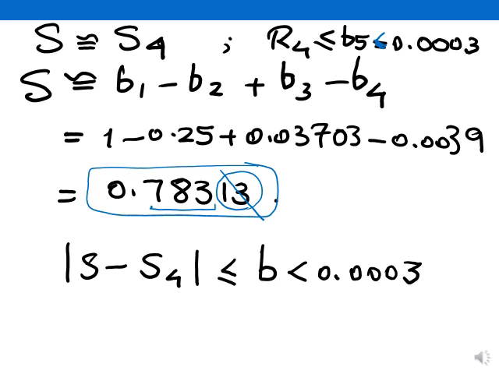The analysis done ensures that the summation is equal to 0.783, correct to 3 decimal places. By the alternating series theorem, we know that the absolute value of S minus S4 is bounded by b5, and this b5 is less than 0.0003.